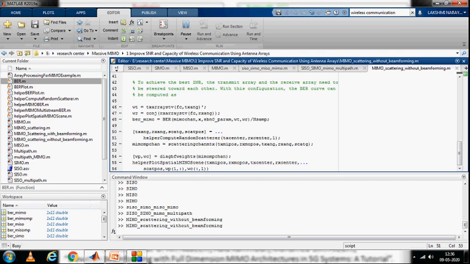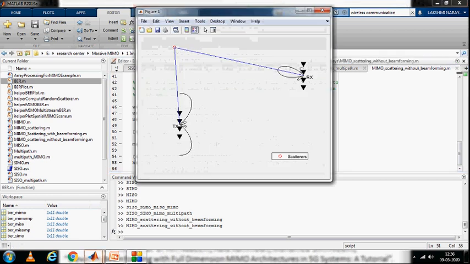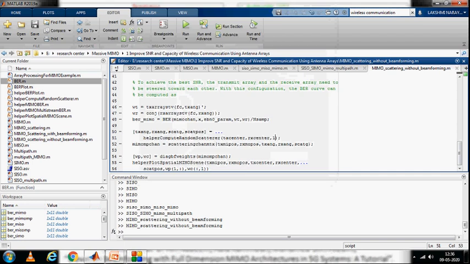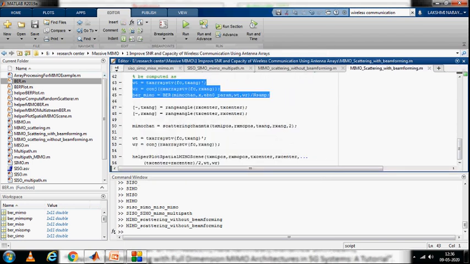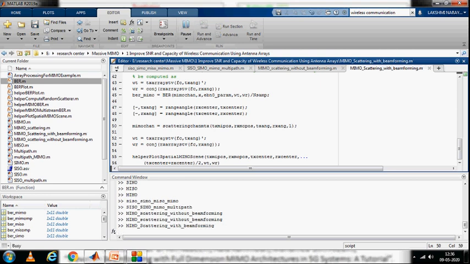there is no scope of line of sight here. You can clearly observe always the signal is getting scattered, but there is no line of sight. Why? Because here we are not using any beam forming. Now whenever you incorporate the beam forming, here you will get the good line of sight.